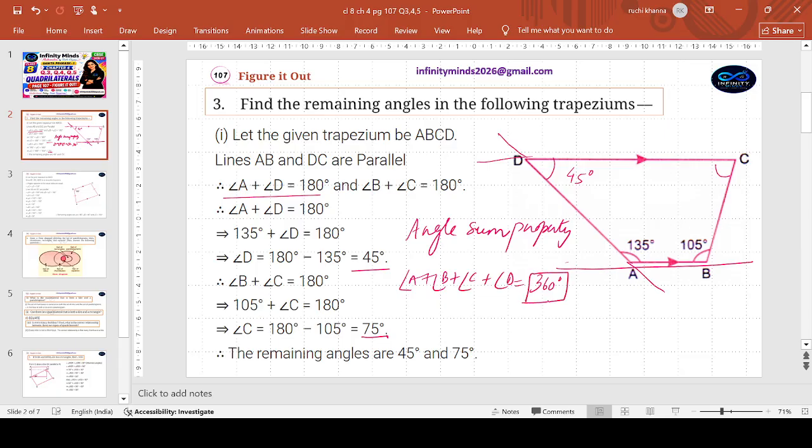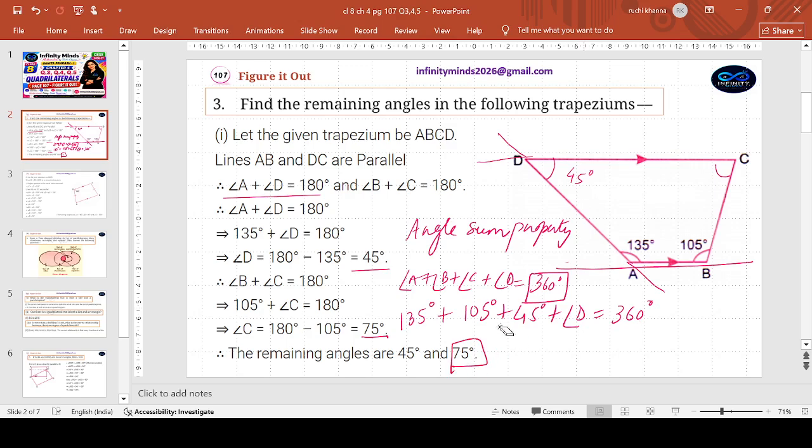Remember, the angle sum property for a quadrilateral is 360, not 180. 180 is for a triangle. So if I have the values of three of them, I can put the values and solve for my missing value of angle D, the fourth angle. Adding all of them, doing transposition, you will surely get this to be 75 degrees.